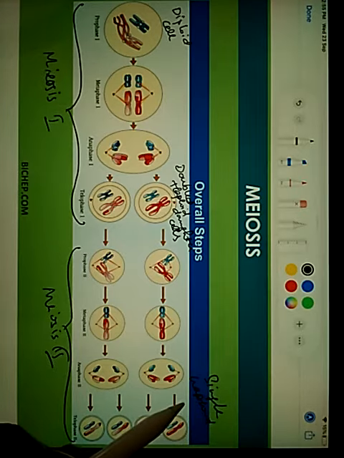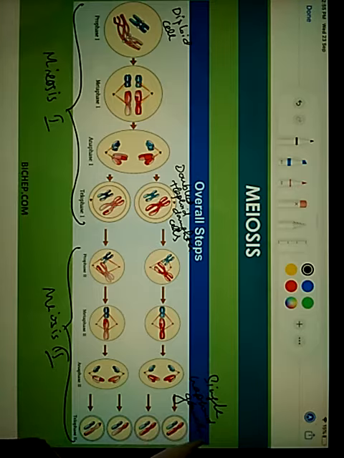Instead of daughter cell, I can definitely write gametes. So this is the mechanism of production of the gametes.